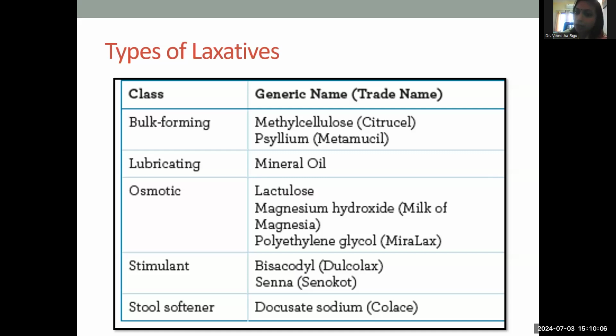Now, osmotic laxatives draw in water from the intestinal walls, helping to liquefy the stools, like lactulose. Now, one good thing about lactulose is something I often tell my patients, because some of them are so reluctant to have medicines, that is laxatives, for constipation.